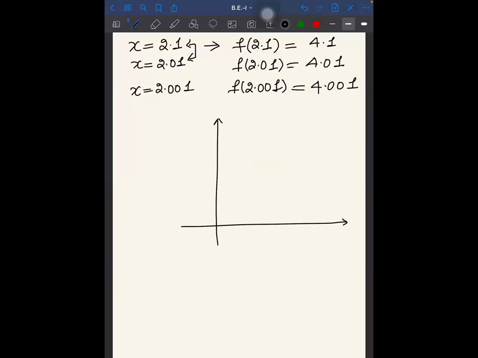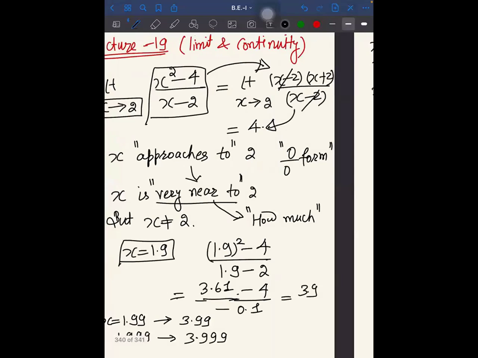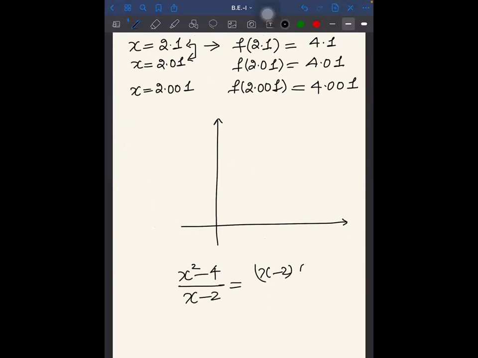So let me plot this thing for you. If you take it as x minus 2, x plus 2, x minus 2, and you cancel it out, this is a kind of straight line, x plus 2, right? If you put x is equal to 0, y will become 2, and if your y is 0, x becomes minus 2.